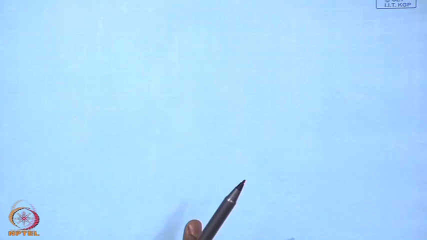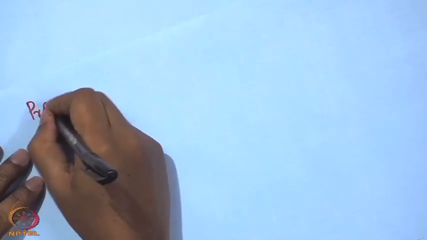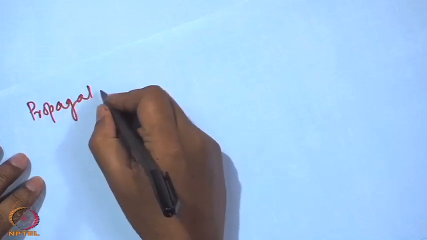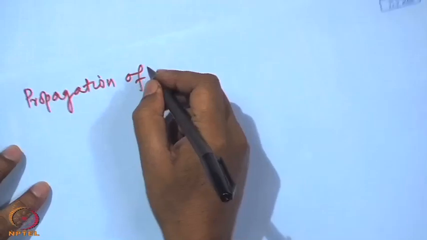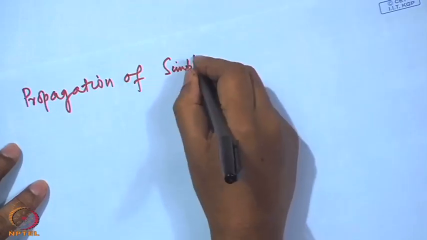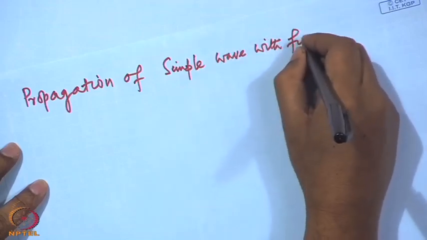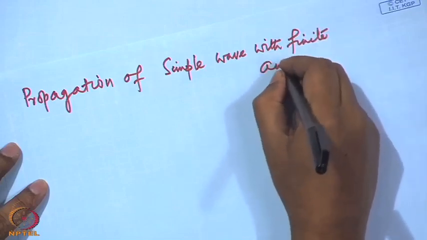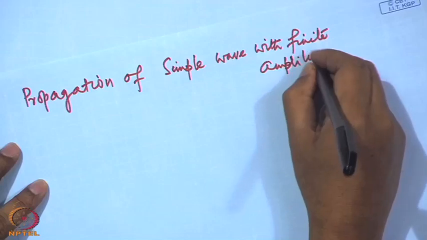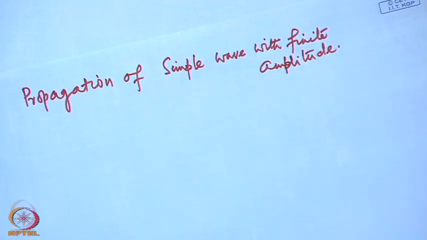Now, once knowing this variation of wave speed in terms of density, let us now consider the propagation of a simple wave of finite amplitude, that is the wave which is being produced by disturbances which are not infinitesimally small.